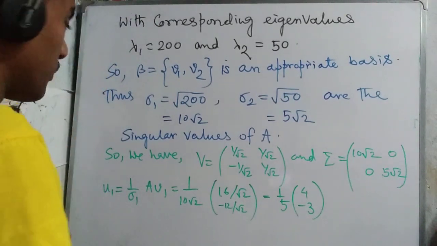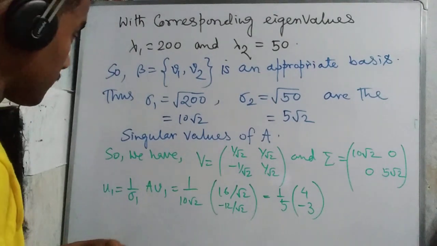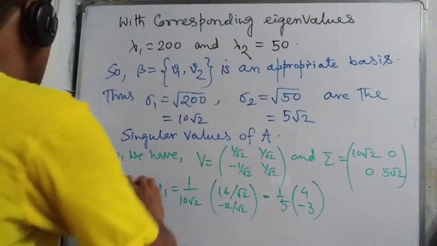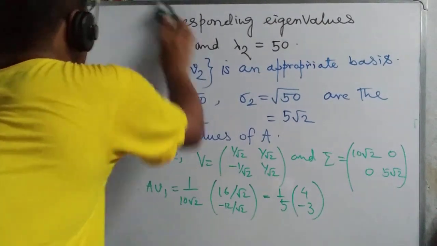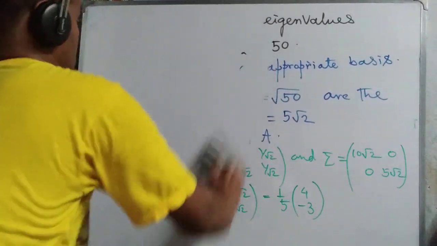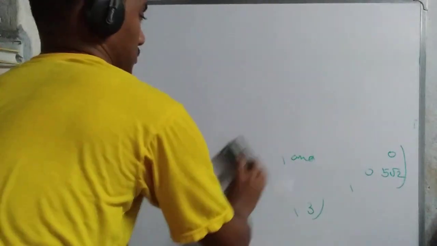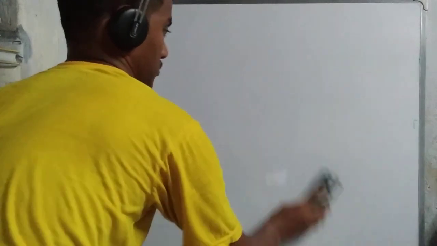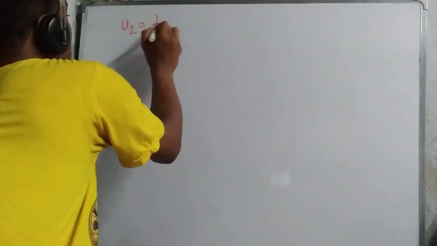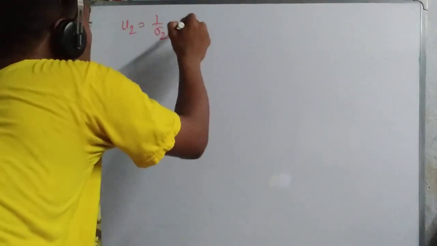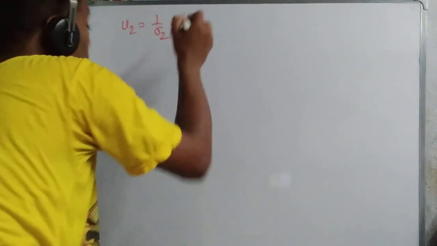Then in this way u2 equal to 1 by sigma 2 A v2.